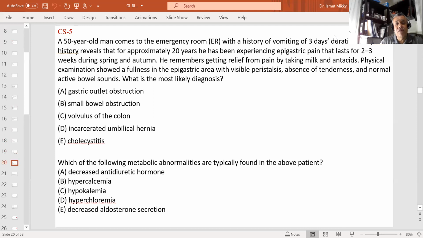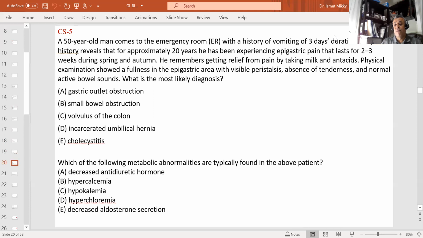Case study number 5, which is also a peptic ulcer disease. The patient's past history reveals that for approximately 20 years he has been experiencing epigastric pain that lasts for 2 to 3 weeks during spring and autumn.